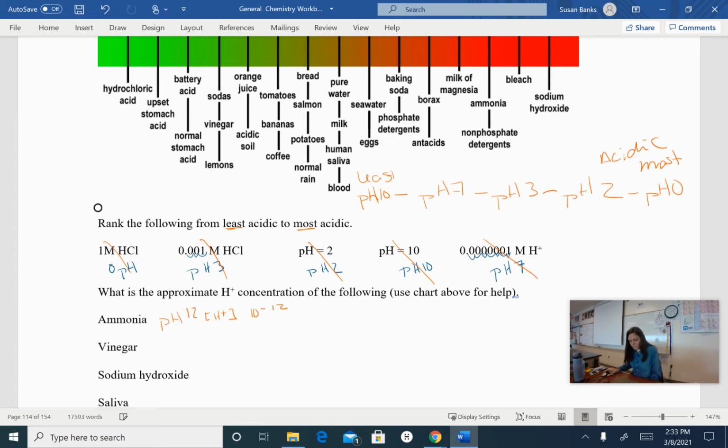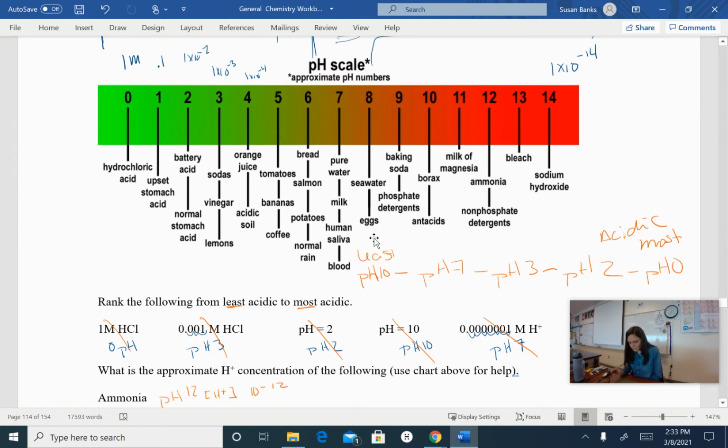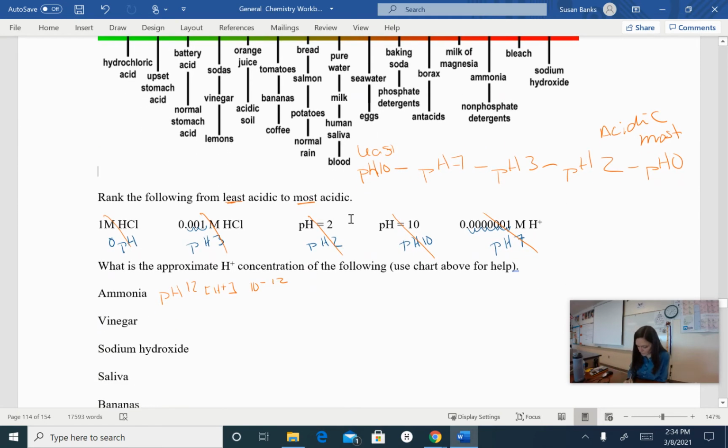Okay, vinegar, let's look at that one. Vinegar is a pH of 3. So that would give me a hydrogen ion concentration of 10 to the negative 3. All right, so take a minute and do the rest of these, and let's check your answers with mine in a minute.